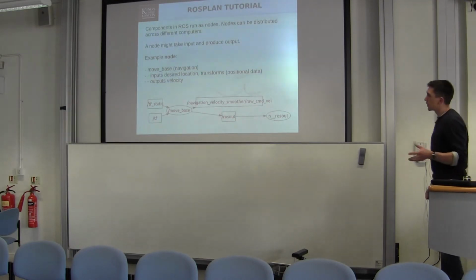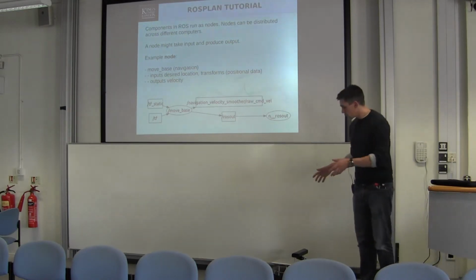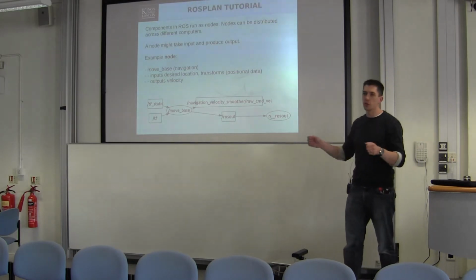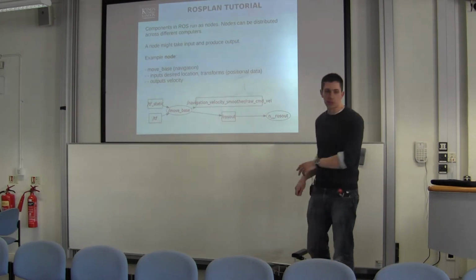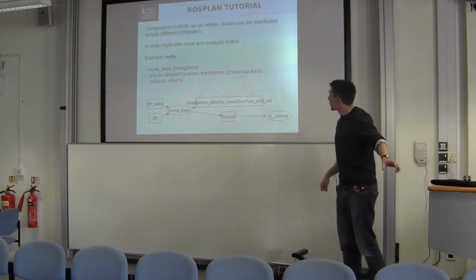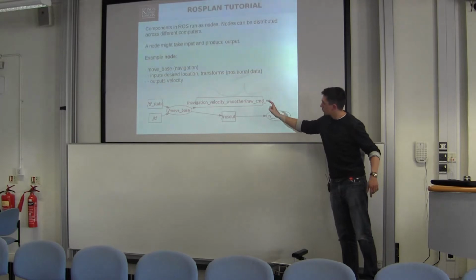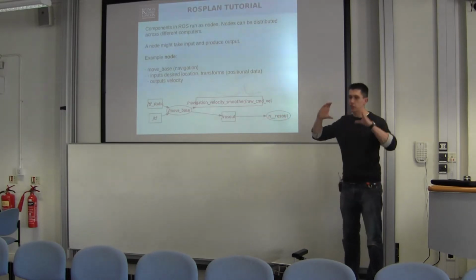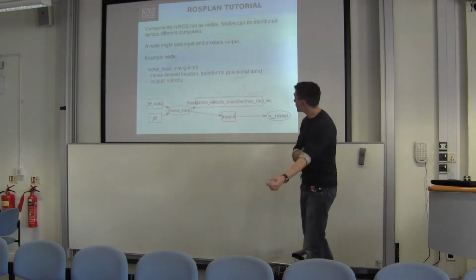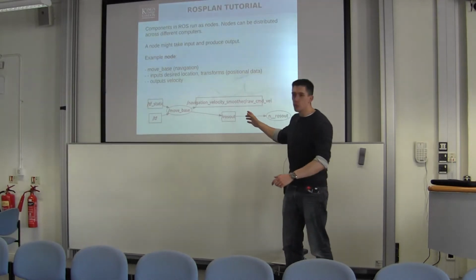Let's concentrate on nodes for now. When the system is running, a whole load of nodes will be running, some on one computer, some maybe on this one. In these diagrams, the circles are nodes, and the squares are message topics. So this is an example of a node, move base.